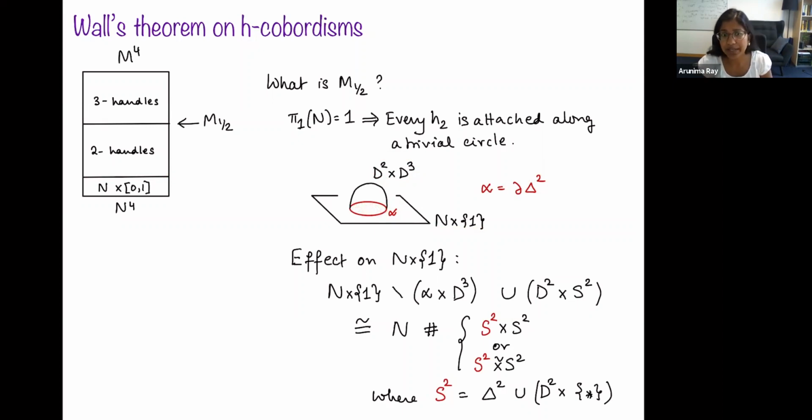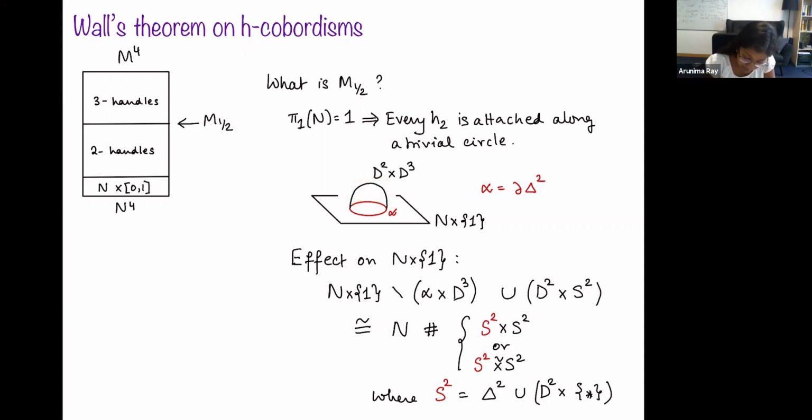And so I have to understand what is the effect of attaching this 2 handle to N cross 1/2. So remember, I've just drawn the core here, but really the 2 handle is thickened. That's that cross D3 factor that I haven't depicted in the picture.